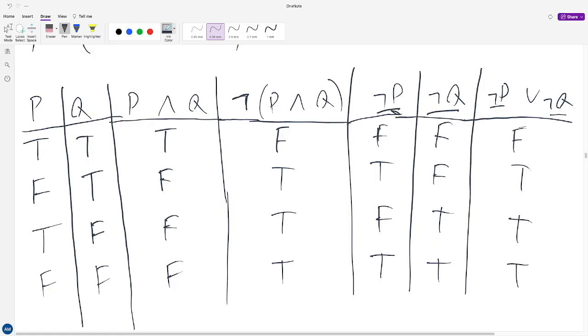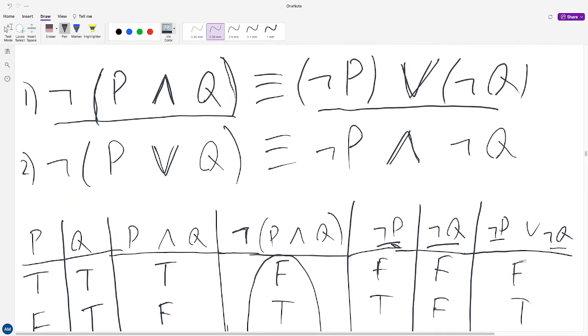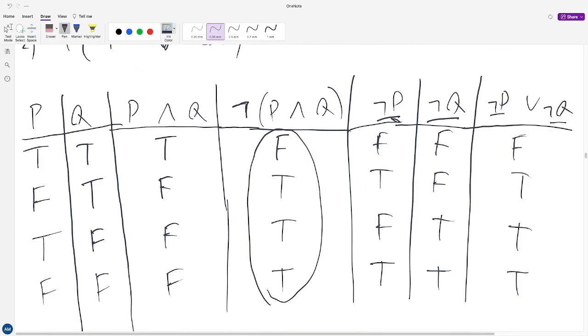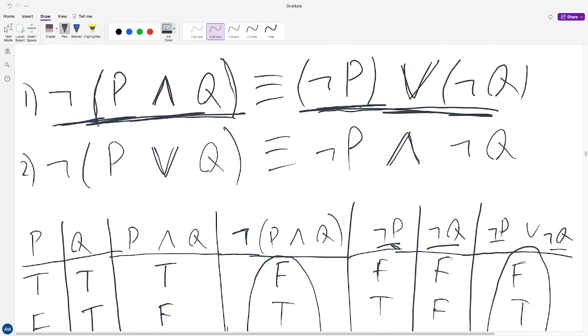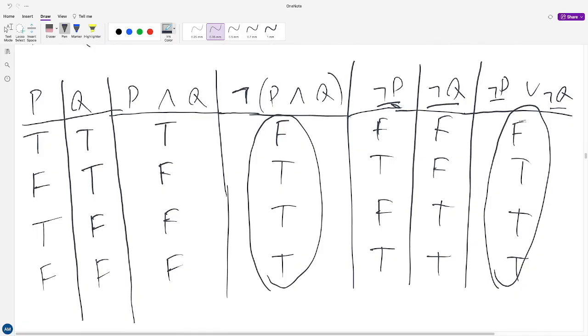Now, if we look at this column right here, which is the first part of this logical equivalence, and then look at this last column right here, which is this statement, we can see that the truth values are the exact same. And that's how we know they are logically equivalent.